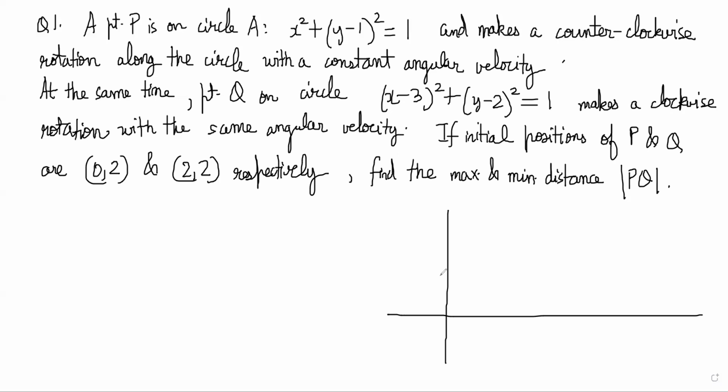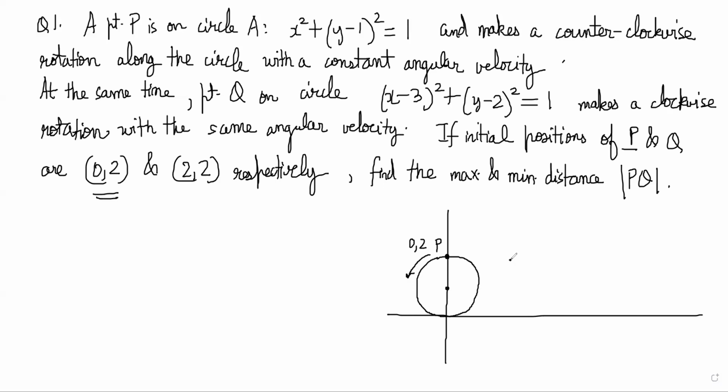So let's draw a rough diagram. This is circle A. The center is here (0, 1), right? And the radius is 1. So this point is basically (0, 2). So notice that (0, 2) was the location of the point P. So P was starting from here and it was going this way, right? Now the starting point of Q was (2, 2).